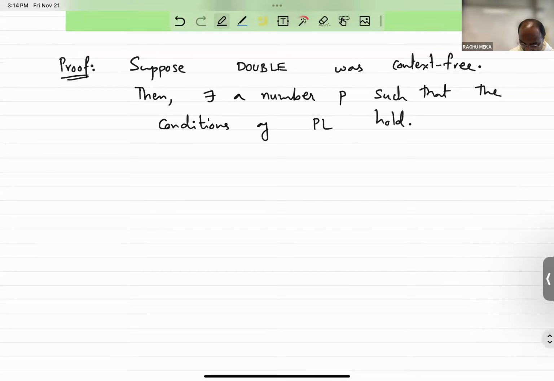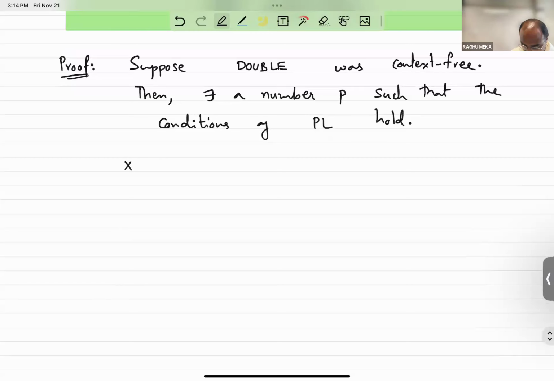So what should the challenge string be? Any guesses? So it's double, remember that. Take some guesses, we'll see if it's correct or not. Yeah, 0 to the p, 1 to the p.